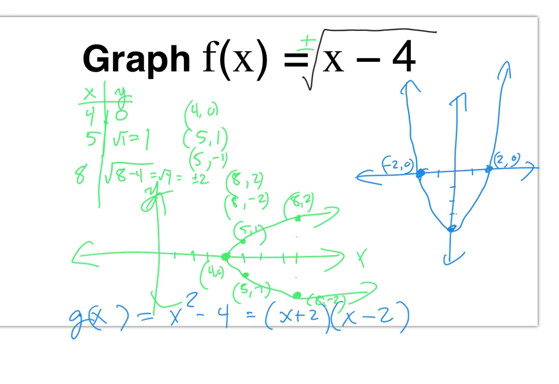Going back to, I can't remember what chapter of the book it was, function or not a function. This is a function. A function means for every x value, there's only one y value. And the method that we used to determine that was what's called the vertical line test.